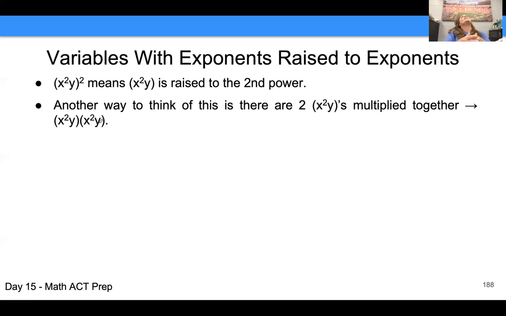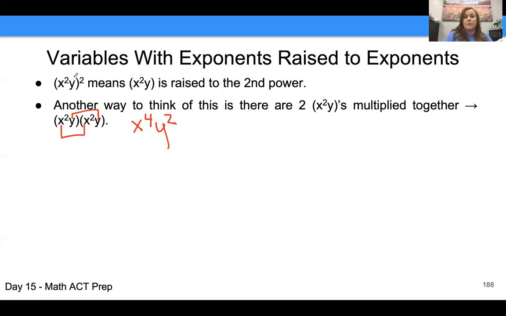And if we did the long math, we would do x squared times x squared, which is going to give us x to the 4th. And then y times y, which is going to give us y squared. Piece of cake. It's a small monomial, so it's easy to do. But when you get really, really large numbers, that's going to take a lot longer to do. So it's helpful to know this shortcut, this cheat.